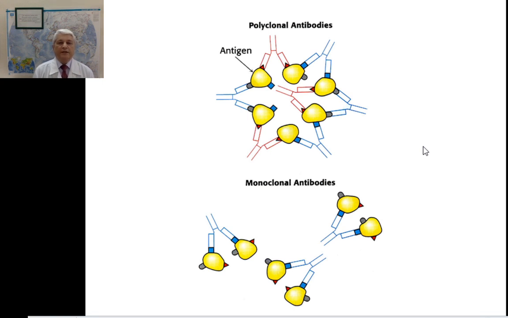But in laboratory, scientific purposes, medical purposes, it is very important to obtain large amounts of monoclonal antibodies of equal structure that can react with the same antigen, with same affinity, and it was a problem for some time for scientists to produce large amounts of monoclonal antibodies.